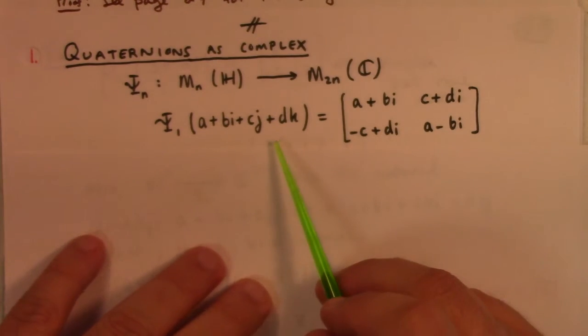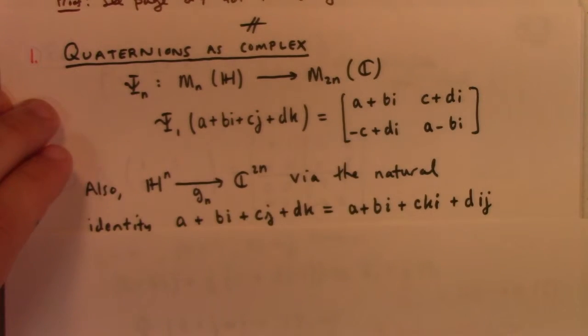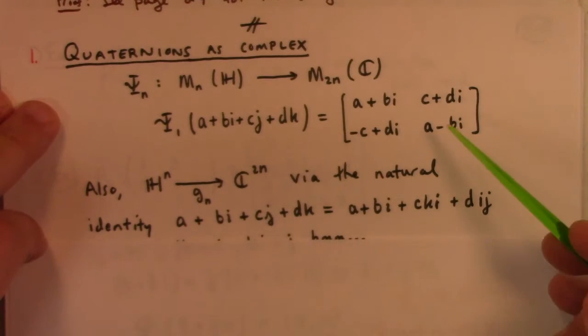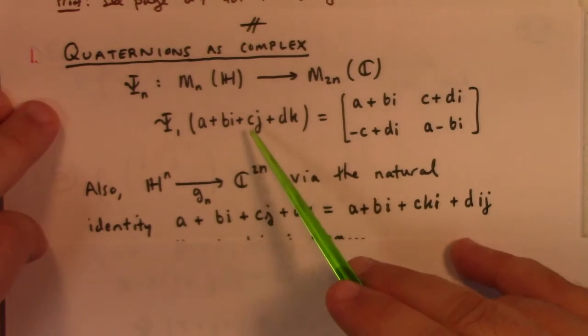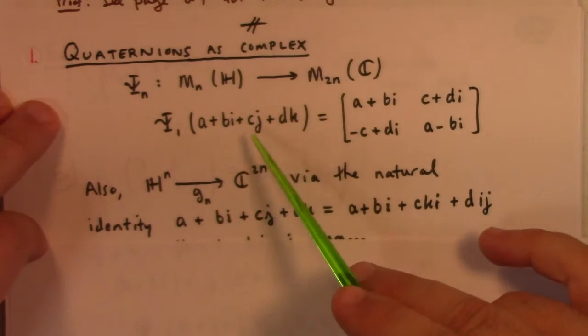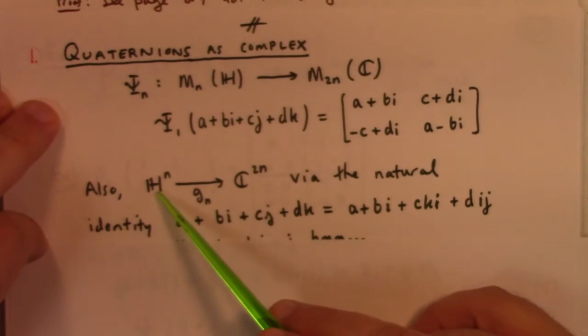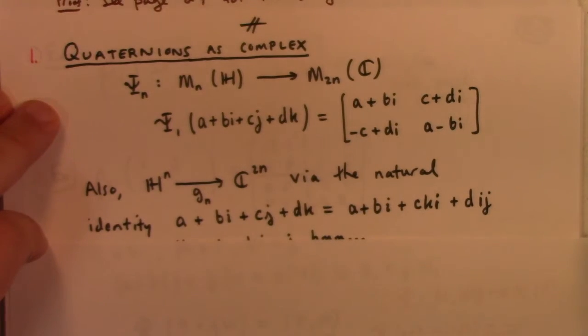Now this map is motivated by a certain bit of algebra, which is, I think, on the next page. Here's the other thing we need, of course, beyond this definition of the correspondence between the quaternion and this 2 by 2 complex matrix: we also need a way to swap out an n-tuple of quaternions for a 2n-tuple of complexes.